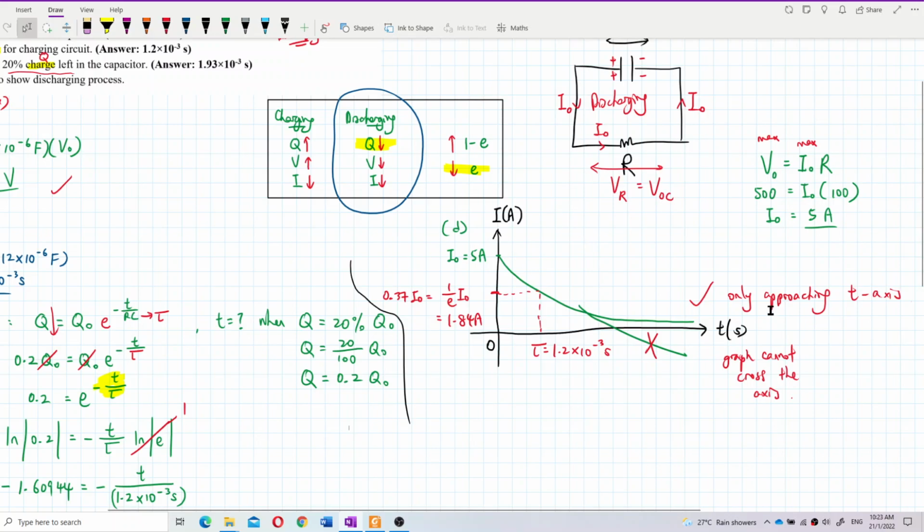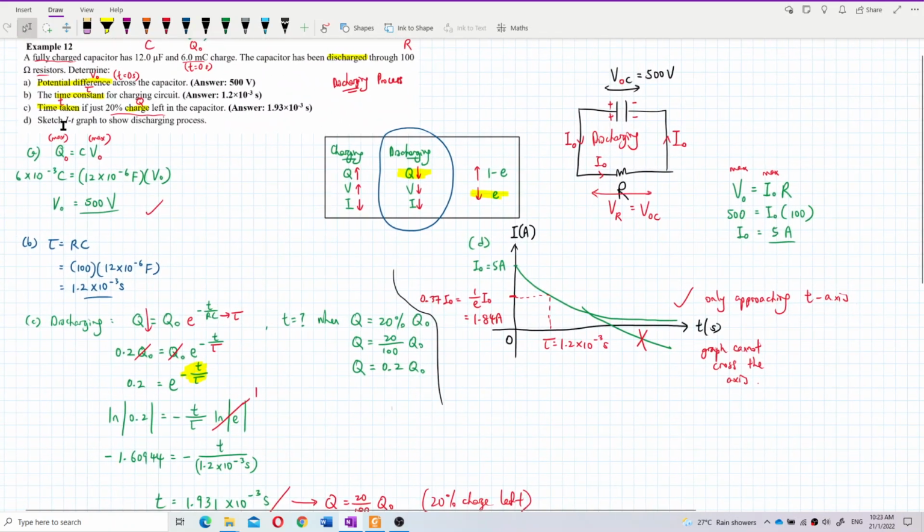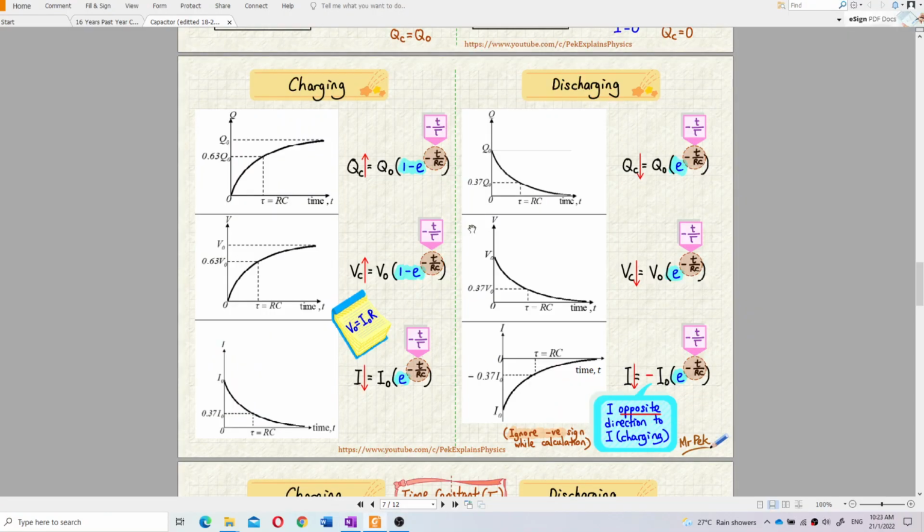So that's the graph of the current decreasing for the discharging process, the current-time graph. Either you draw this, or you can draw the graph below the axis, because the question compares charging and discharging, and in discharging the current moves in the opposite, negative direction.